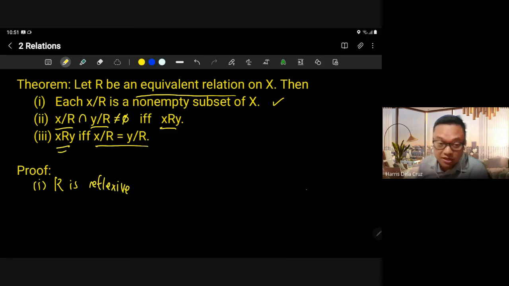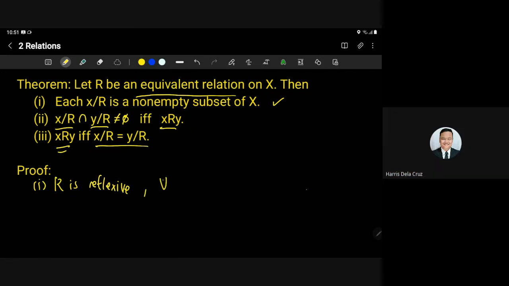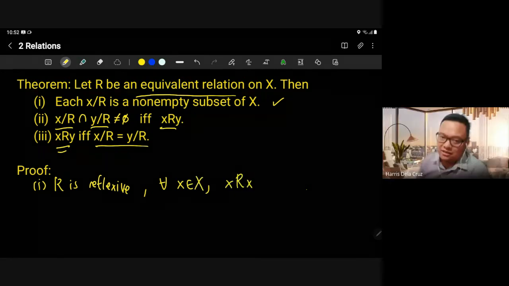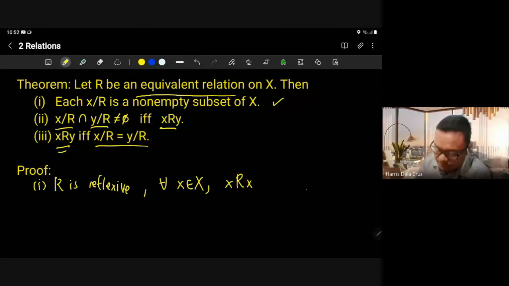Kung reflexive siya, ang ibig sabihin nun, for every x in capital X, xRx. Kung xRx, ibig sabihin nun, yung ordered pair (x,x) ay nasa relation, or x is related to itself.